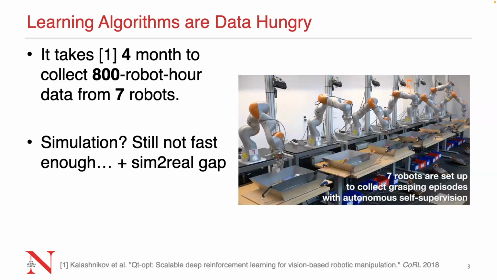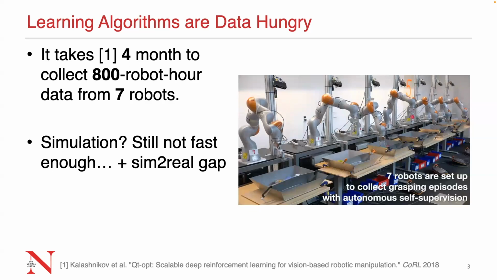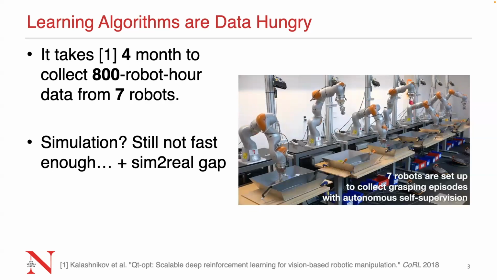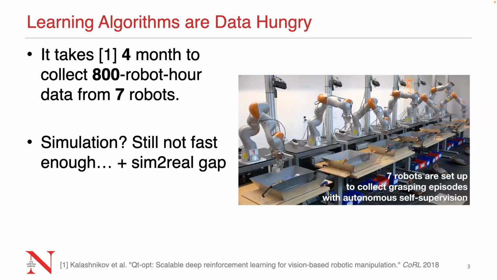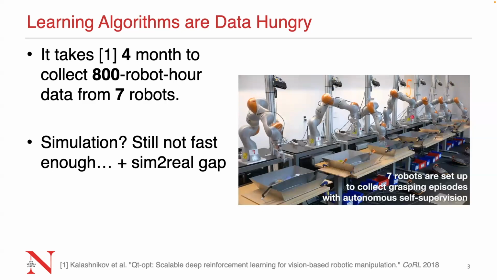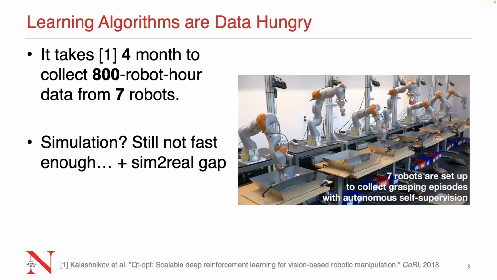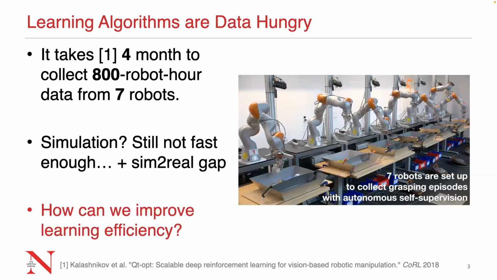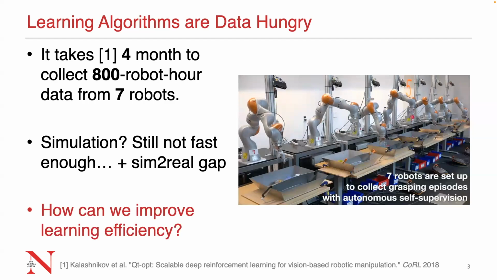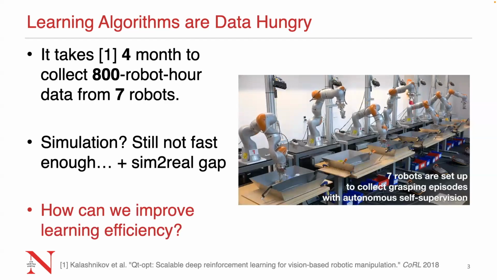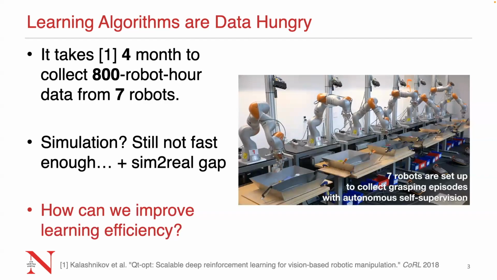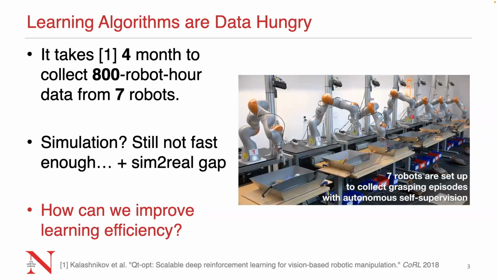Also, we will face the so-called sim to real gap, because the physics in the simulator will not perfectly match the physics in the real world. So you need to somehow fill that gap, or do some adaptation in the real world. The question here is, how can we improve the learning efficiency? How can we make our learning algorithms more efficient so that we can learn a policy within a reasonable amount of time in the real world?